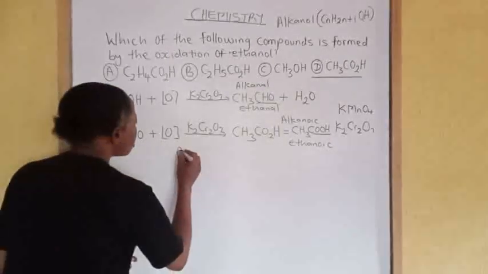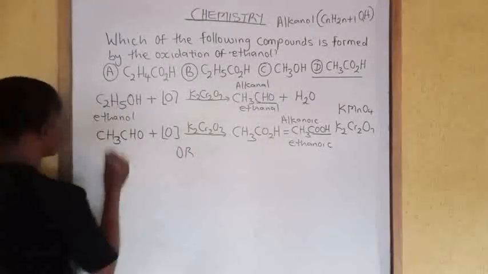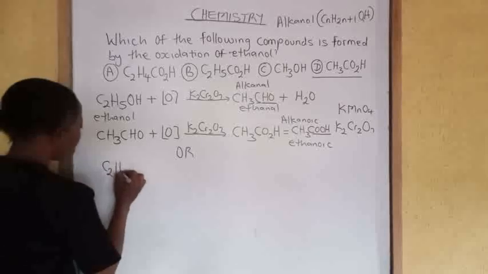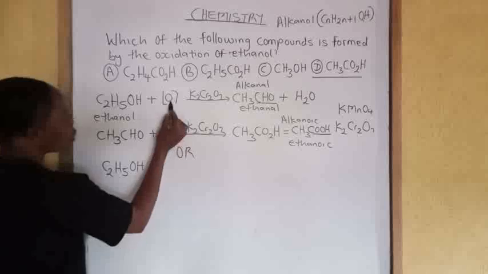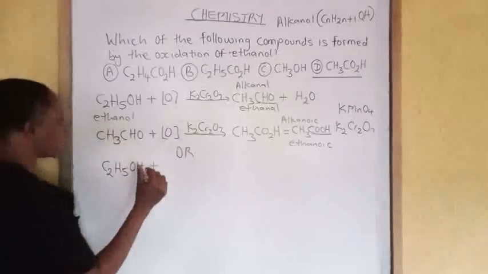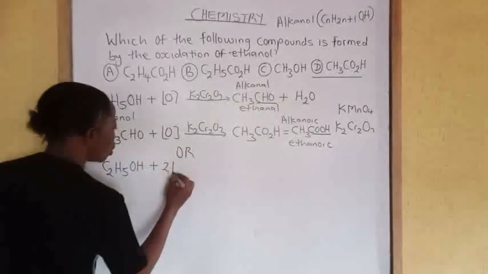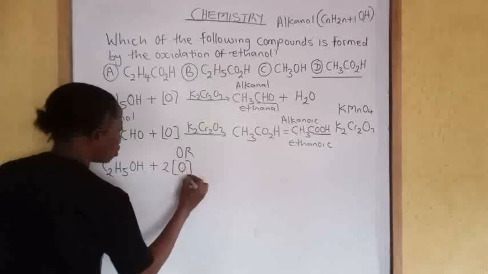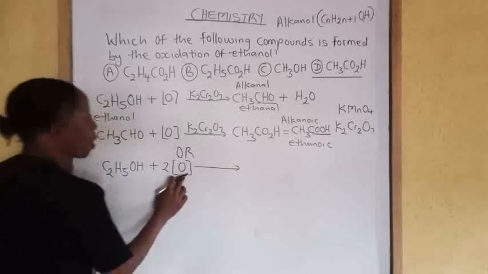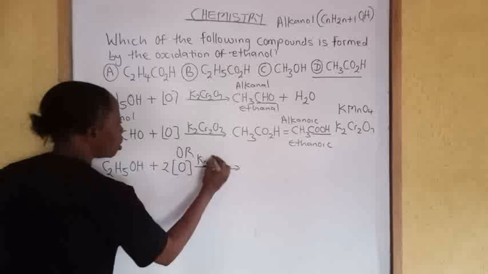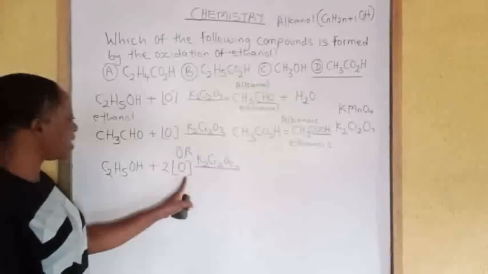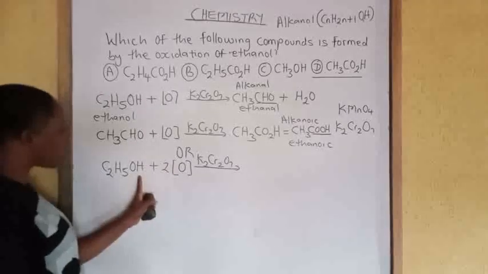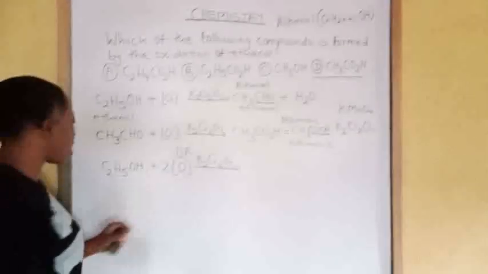You can have it this way: C2H5OH plus these 2 oxygen atoms added at the same time, so that will be 2 into 2 oxygen atoms from the oxidizing agent. You are going to add oxygen and remove a water molecule.